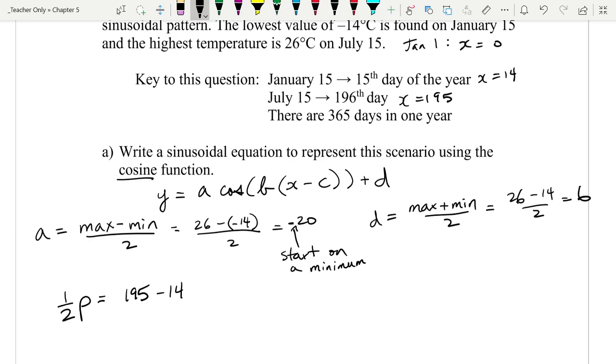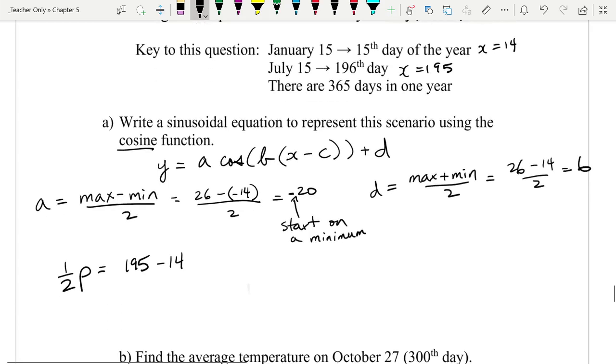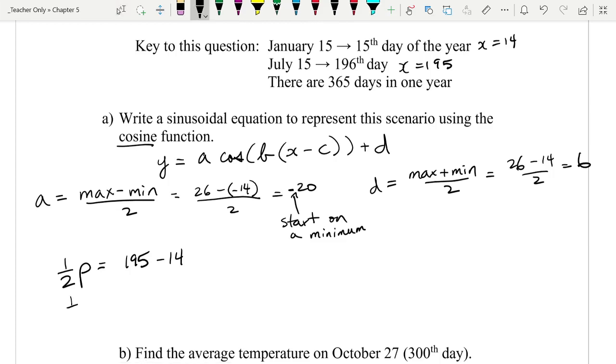So last year when I was doing this example, I said, shouldn't you actually add 1 to this to count the days that you're subtracting? And I think this will work out without it. We'll graph it on Desmos when we're done in C, but I'm pretty sure this is going to work. So 1/2 of the period, that's 181. So that means my period is 362 days.